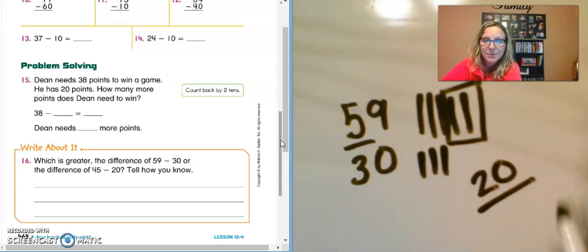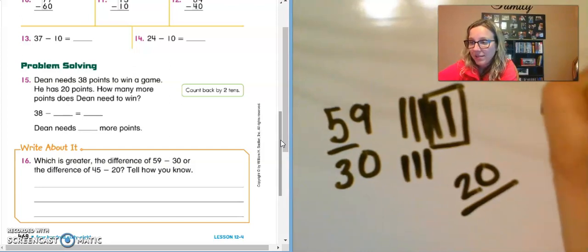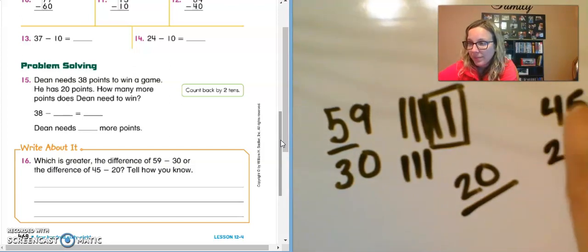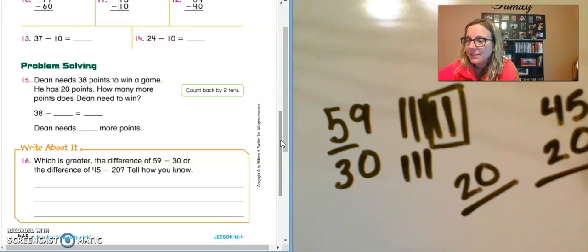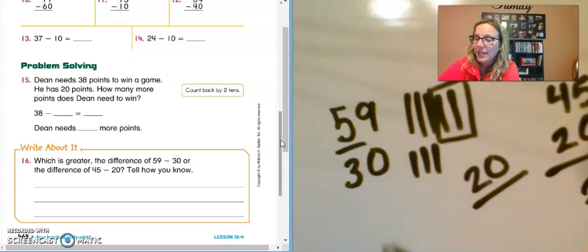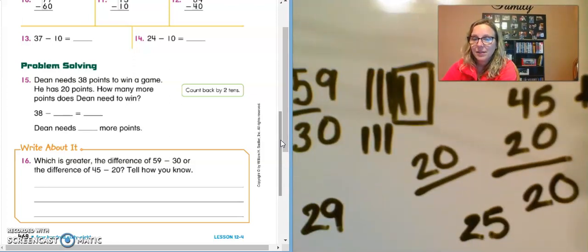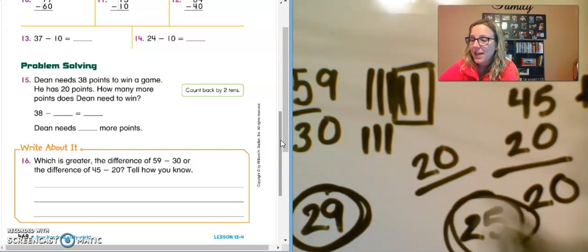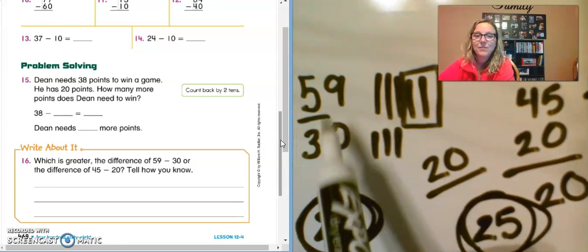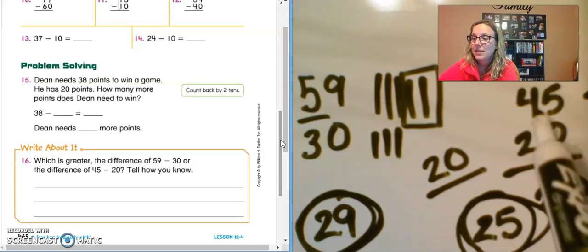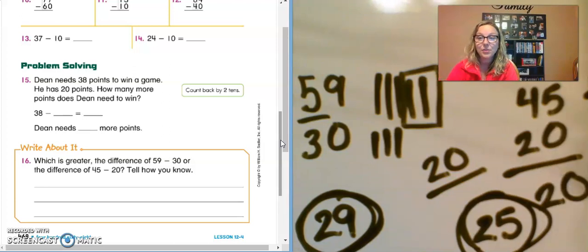And looking at the difference between 45 and 20, we can see that the difference between 10, 20, 30, 40, and 10, 20 would leave us 20. So we have 29 and 25. So because 29 is a greater number than 25, we know that the difference between 59 and 30 is greater than the difference between 45 and 20.